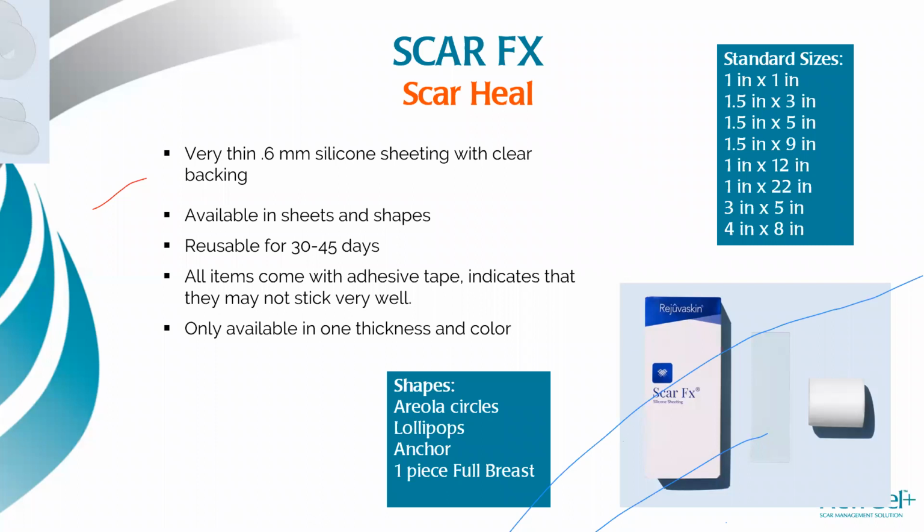You can adjust the spacing between the areola circle and the anchor. Their product for the breast kit is one piece. It's the areola and the anchor all connected together. So yes, you could cut it apart if you needed to, but it does not offer as much flexibility as what ours does with the 2-piece kit.